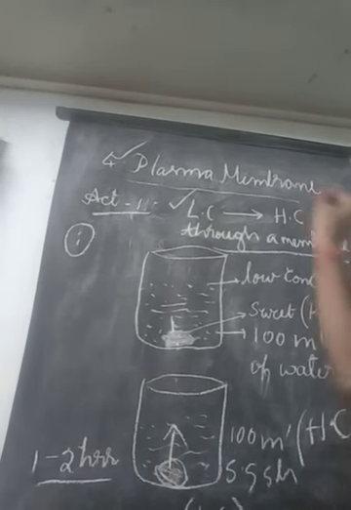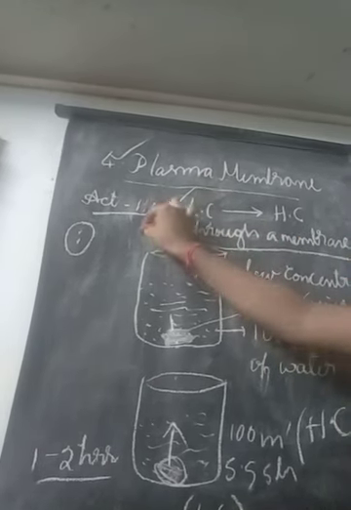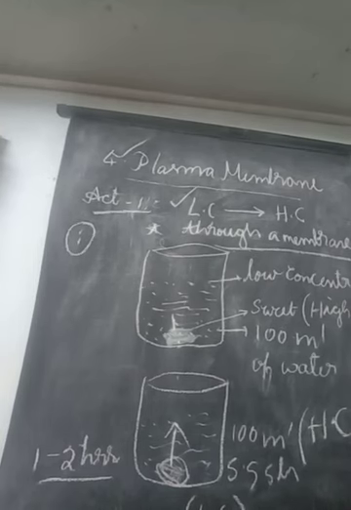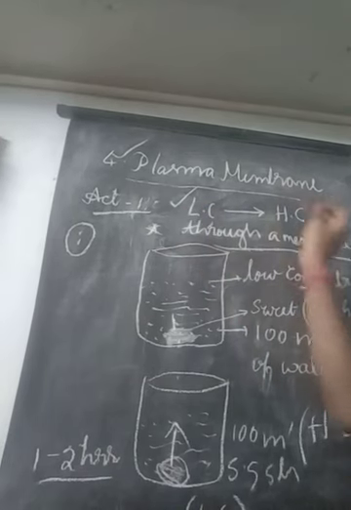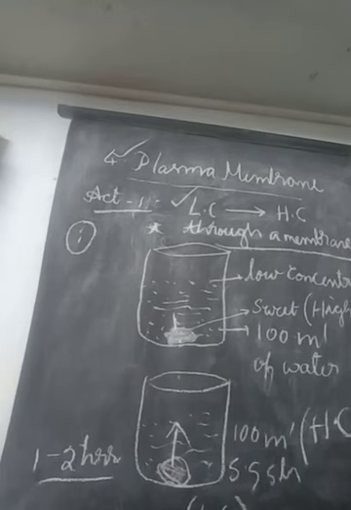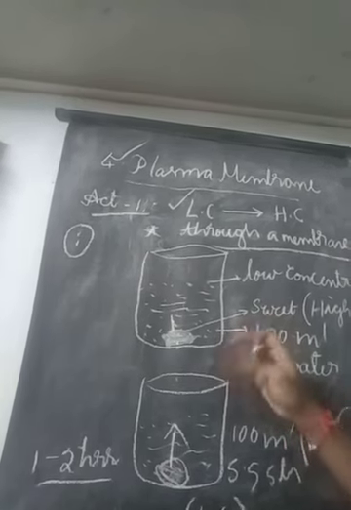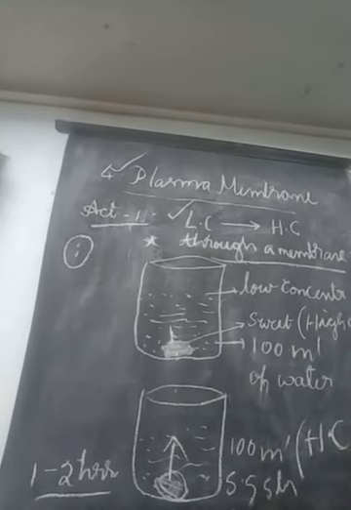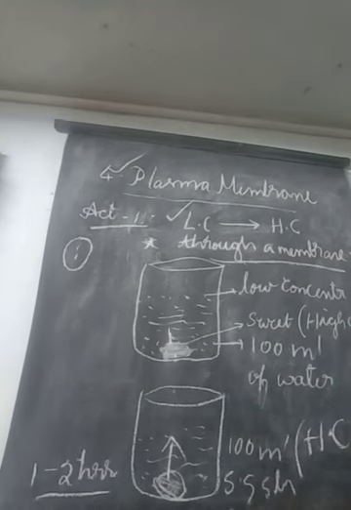So what is the first property of the plasma membrane? The plasma membrane allows water to move from low concentration to high concentration. Is it clear? Now we have to give names for these two processes.